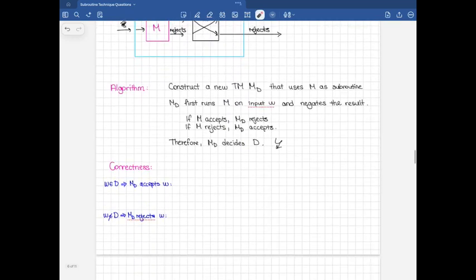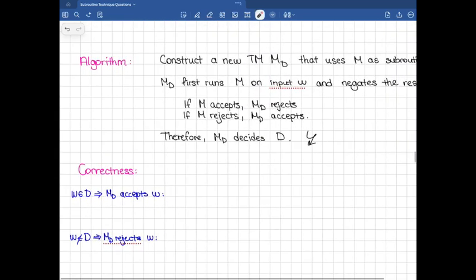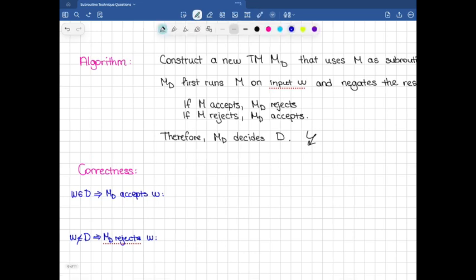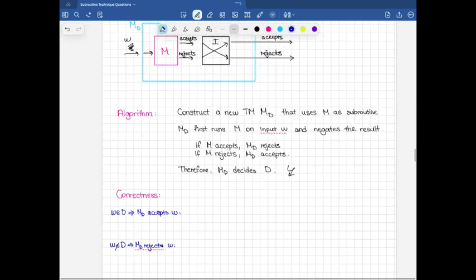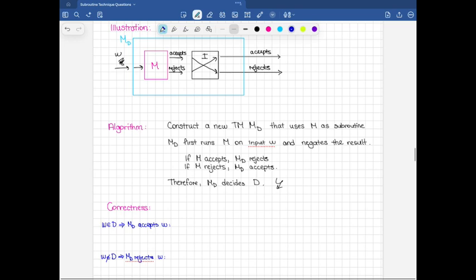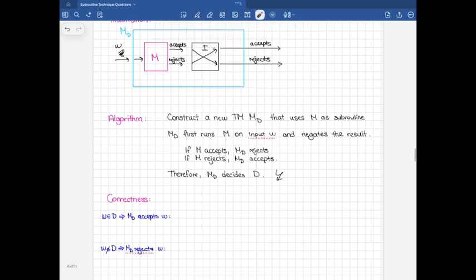And correctness consists of two parts. First of all, you need to show soundness. This means if you have an input that is in the diagonal language, then you need to show that MD that we just constructed accepts that input, right? And you also need to show completeness.